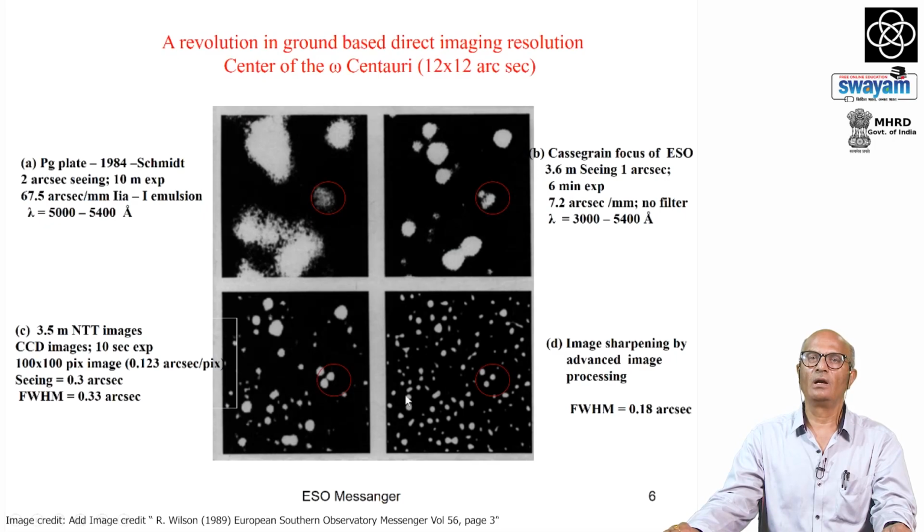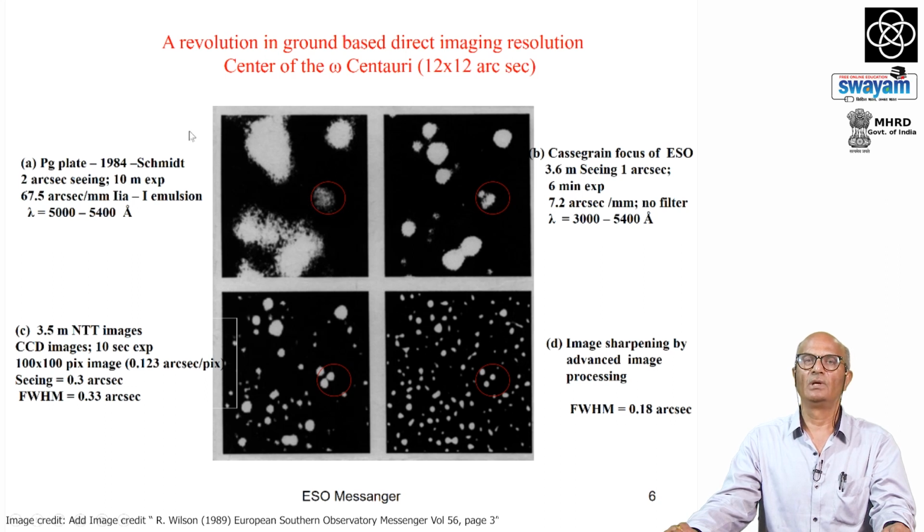In the next two slides, I will try to demonstrate how these observational techniques have helped us to understand them. The title of this slide is a revolution in ground based direct imaging, and what is shown in the four corners of this picture is Omega Centauri, a small portion of it which is 12 arc seconds by 12 arc seconds.